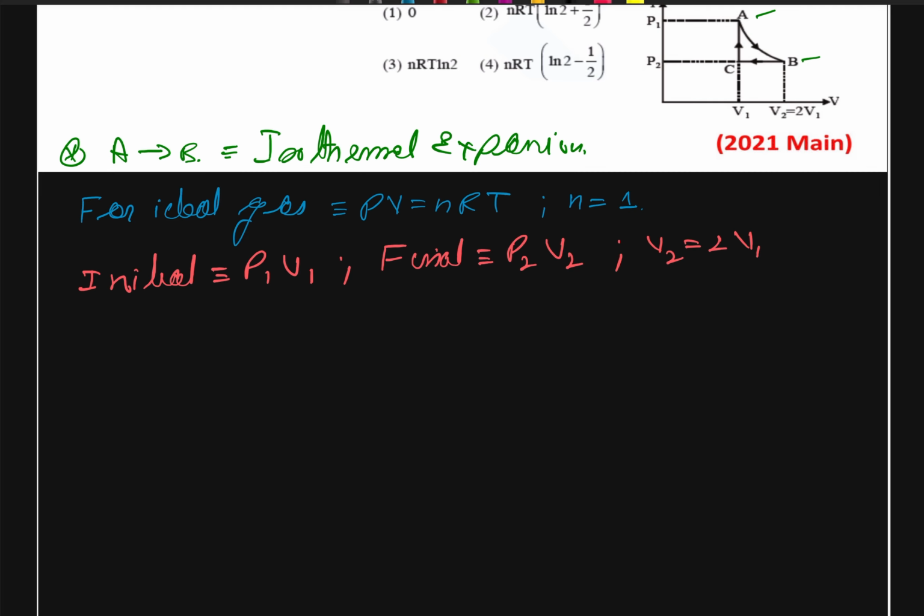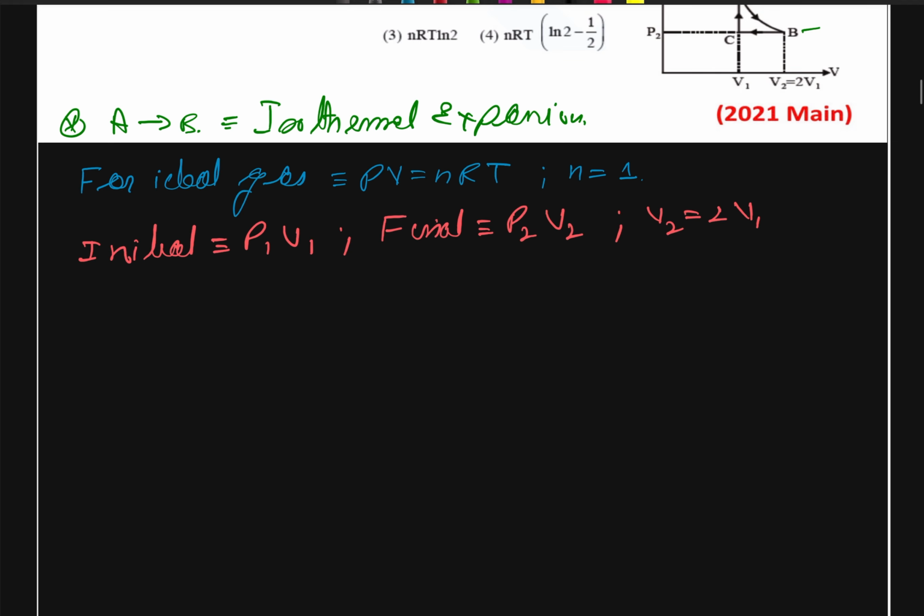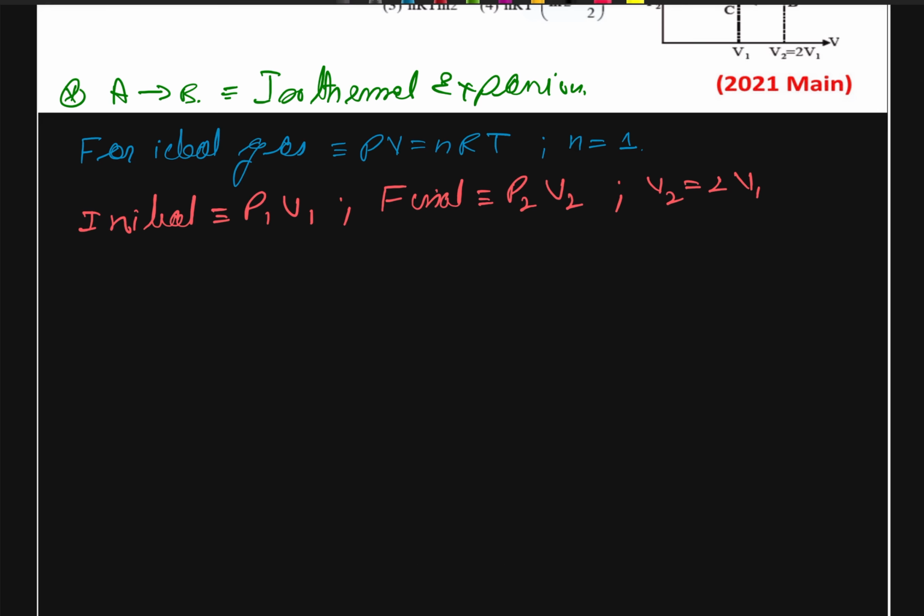For constant temperature, we can write that for isothermal, P1 V1 is equal to P2 V2.